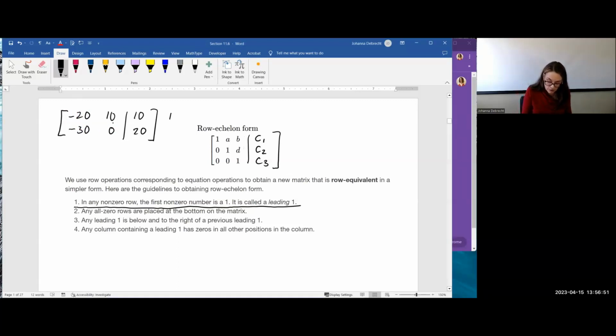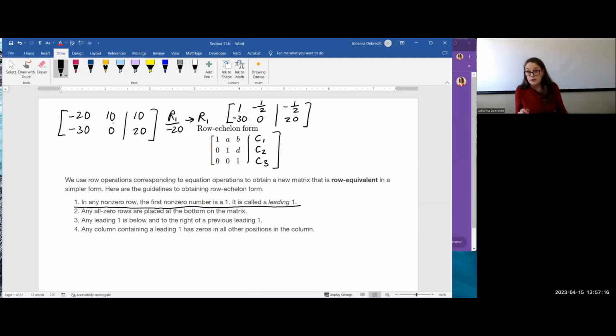So I could take row 1 divided by negative 20, put it back into row 1. I'm not doing anything to row 2, so this becomes a 1. 10 divided by negative 20 is negative 1/2. And this is also a negative 1/2, right? Then I have negative 30, 0, and 20.